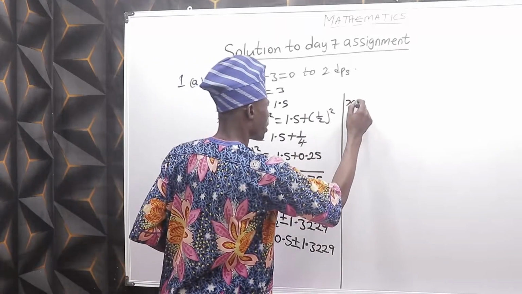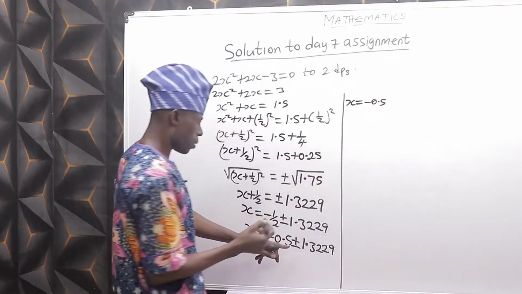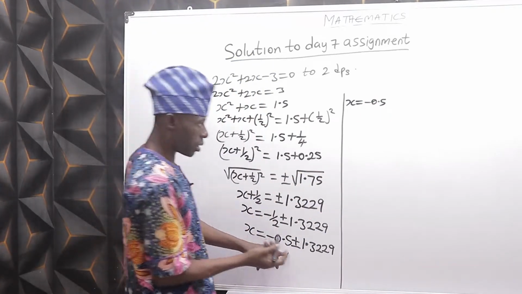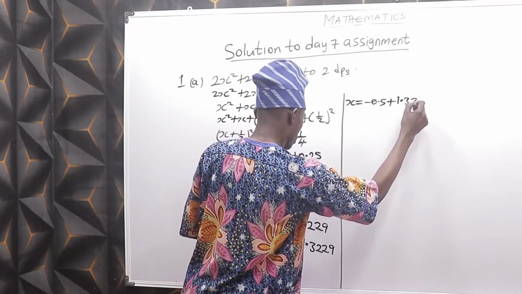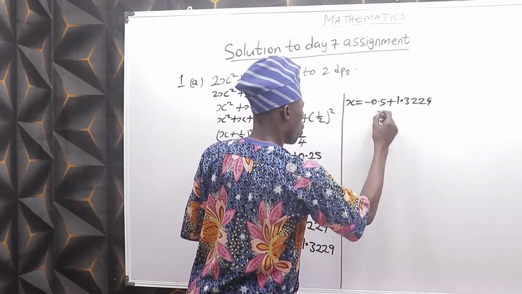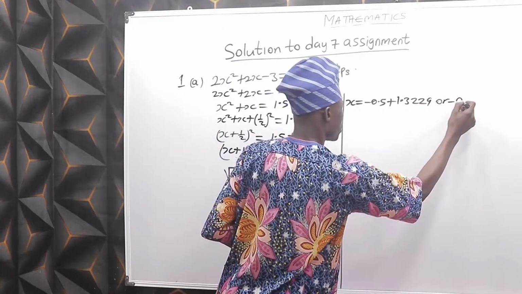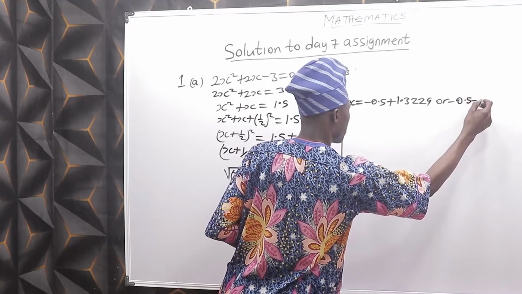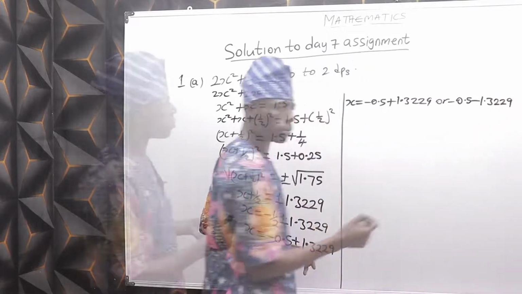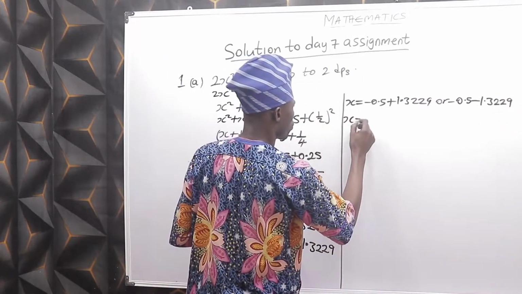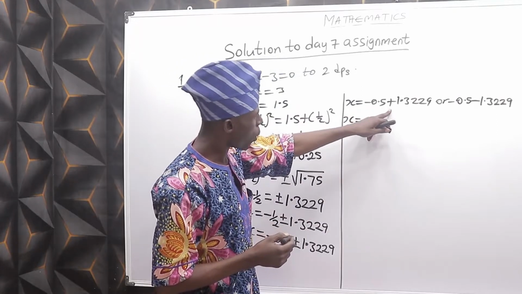You have x is equal to minus 0.5. Take plus first, either plus 1.3229 or minus 0.5 minus 1.3229.